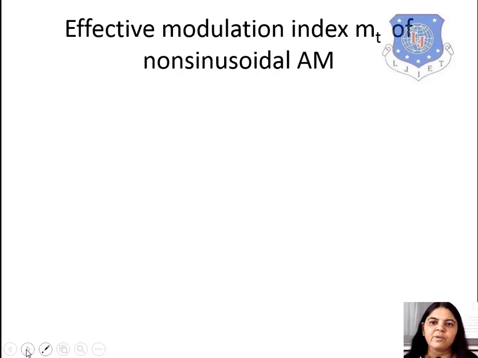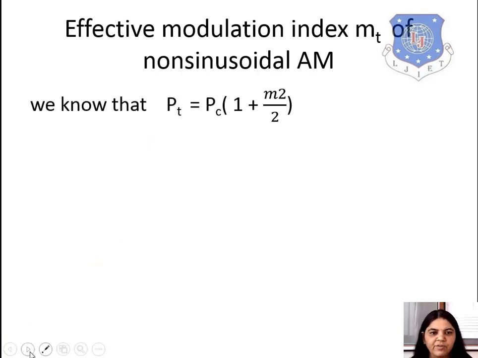Now the effective modulation index MT. Whenever we have M1, M2, M3, M4, then what is the value of the total modulation index? So now here we will learn how to find out this value of MT. We know that PT equal to PC in bracket 1 plus M square by 2.